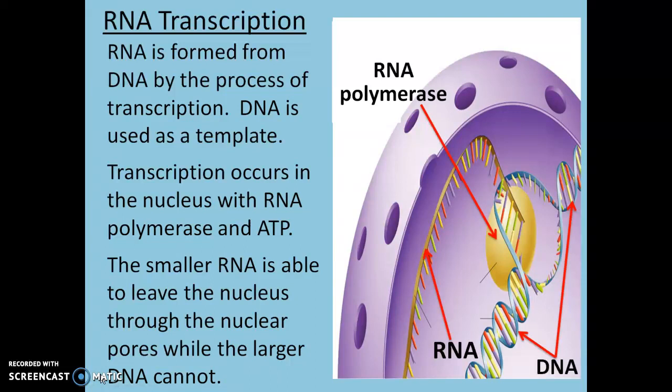We're going to use RNA polymerase as our enzyme and some ATP to help this happen. RNA, because it's only a single strand, is able to leave the nucleus and travel into the cytoplasm to the ribosome in order to make that protein. Remember, once again, DNA cannot leave the nucleus.